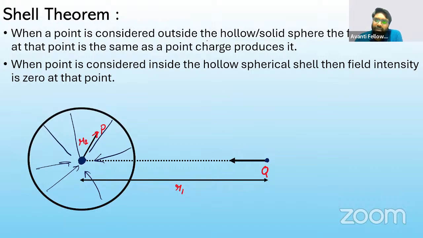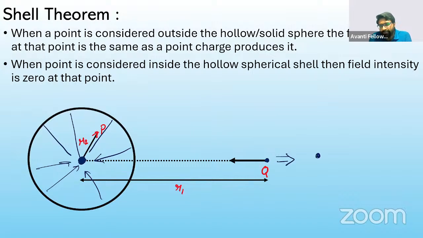So this is the first point. When a point is considered outside the hollow or solid sphere, the field intensity at that point is the same as a point mass produces. So it will be replicated like this.